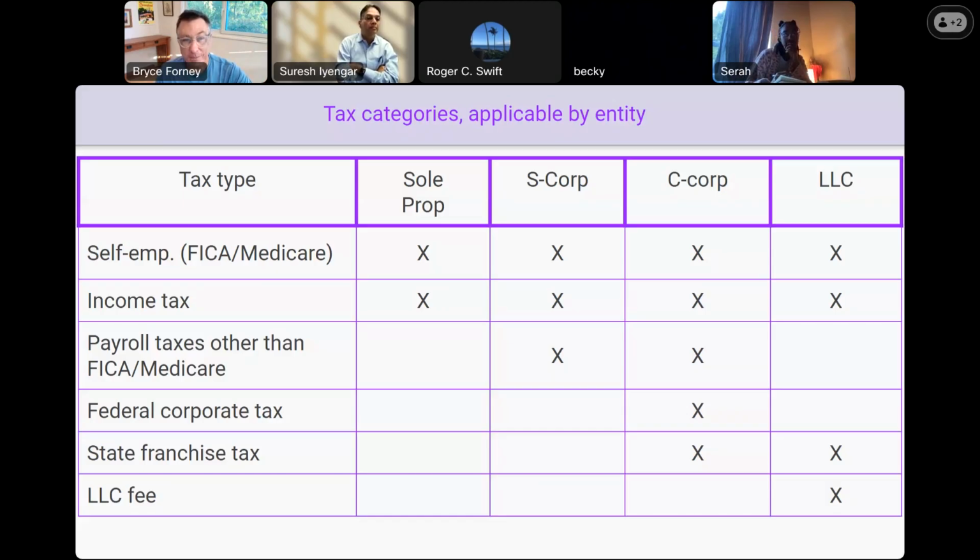So keep this in mind. I feel like there's a fair amount of misinformation, well, really propaganda, that is out there about why you should incorporate, why you should become an LLC.